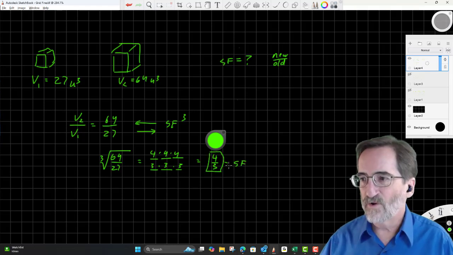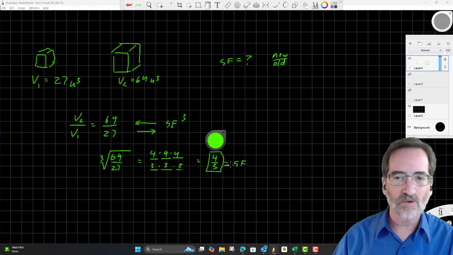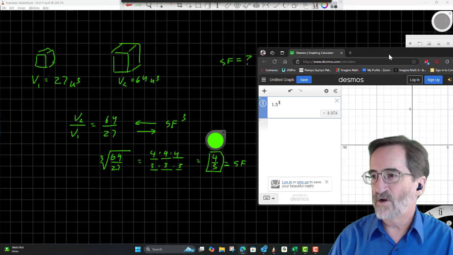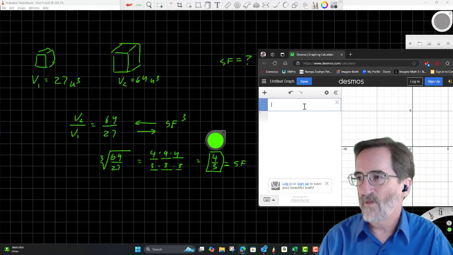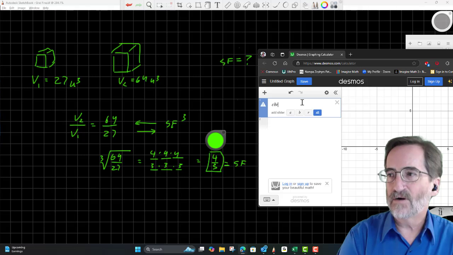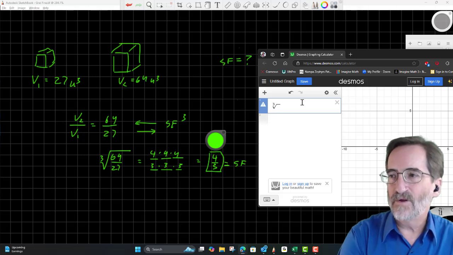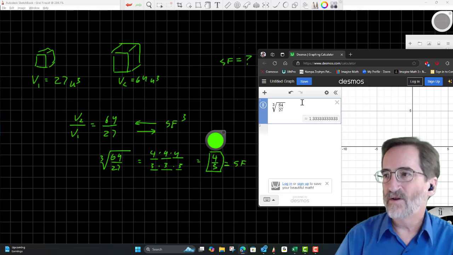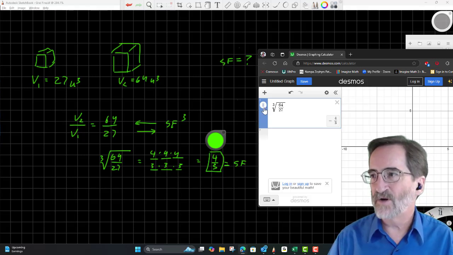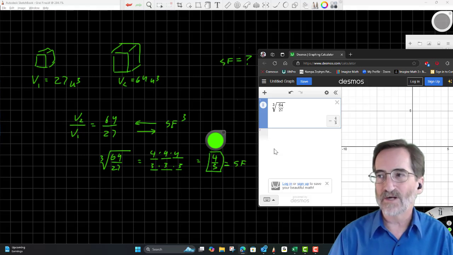Scale factor is 4/3, and we get that by finding the cube root. You could also use your Desmos calculator. There's a couple ways to get the cube root. One is CBRT, and then 64 divided by 27. Now that is not a fraction, but you can click the fraction button and make it display as a fraction.